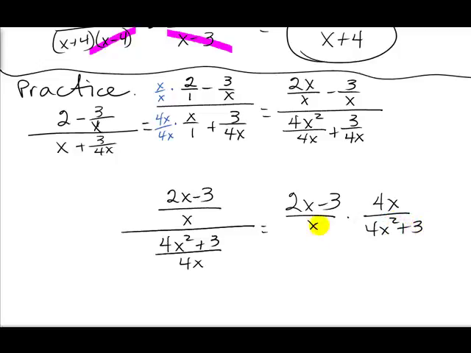Cross out anything that's alike. And multiply.